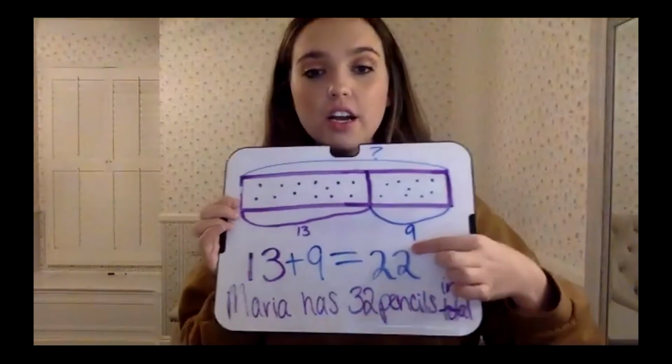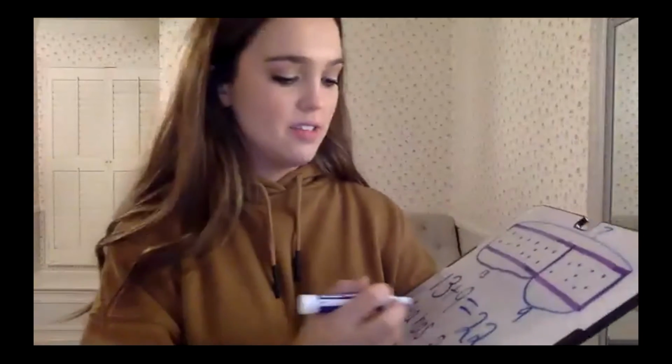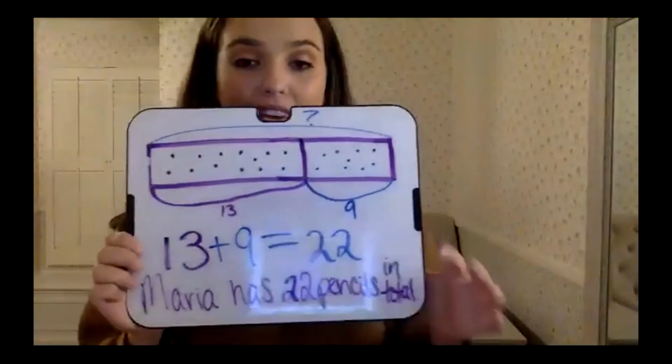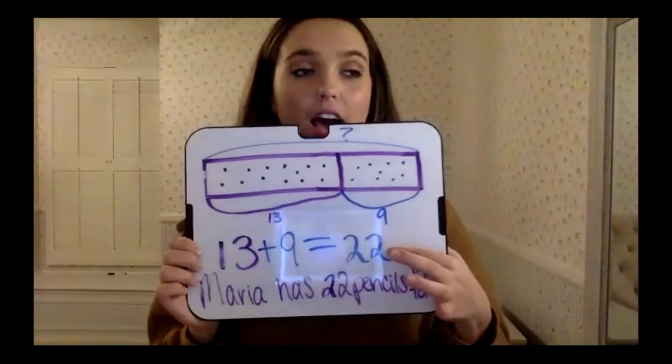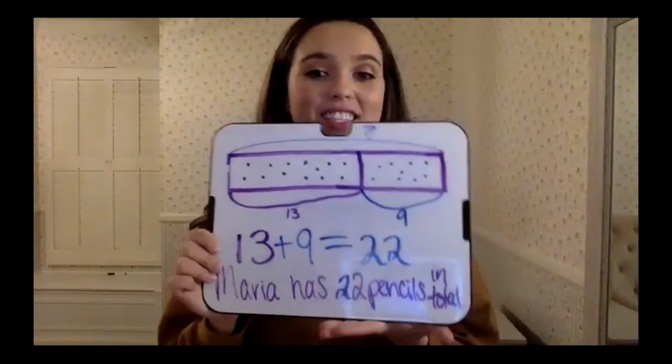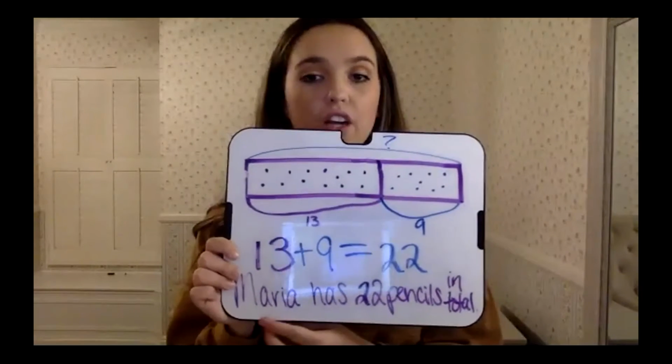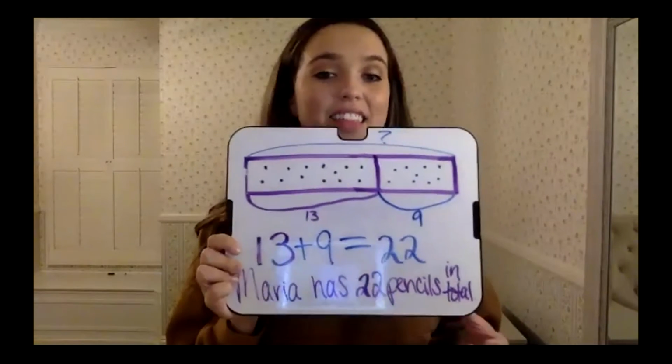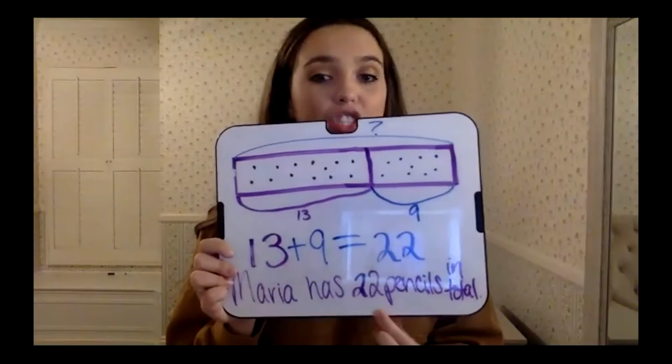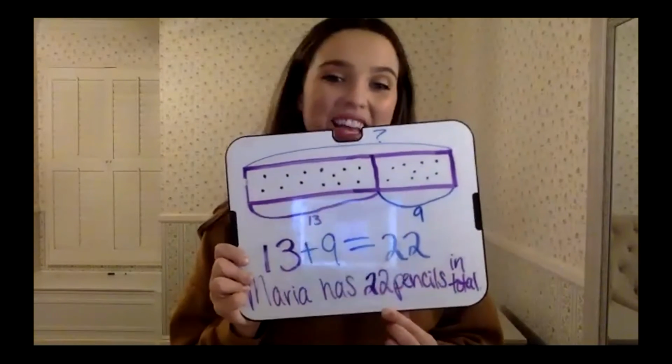This is our answer. I'm sorry, I put 32. Teacher mistake. Even teachers make mistakes sometimes. I just caught on to it. Okay, so up here, this is our answer in number form, and this is our answer in word form. We are saying in a sentence the answer. Maria has 22, not 32, 22 pencils in total. So that is our answer for this practice problem here.